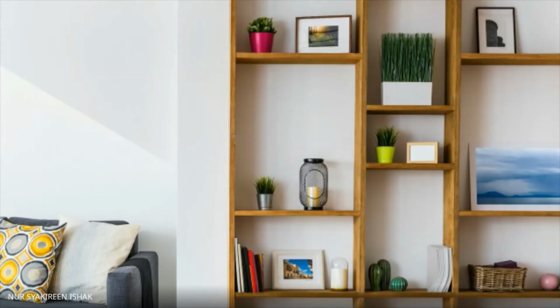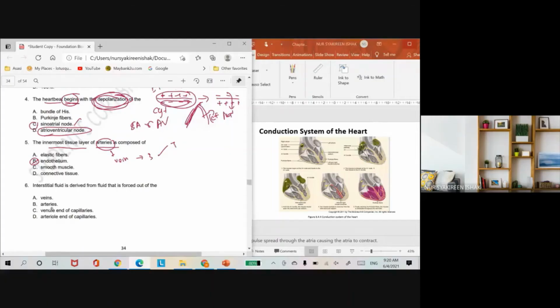For blood vessels, artery and also vein, there are 3 tissue layers: the tunica intima, tunica media, and also tunica adventitia, also called tunica externa. The inner layer is composed of endothelium, which is the tunica intima.